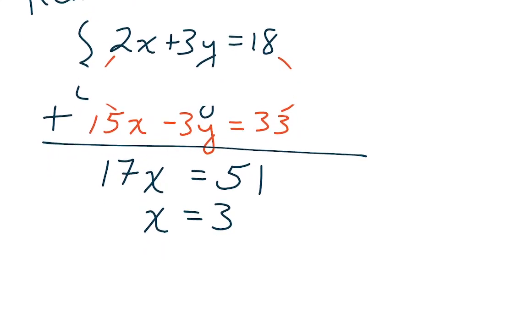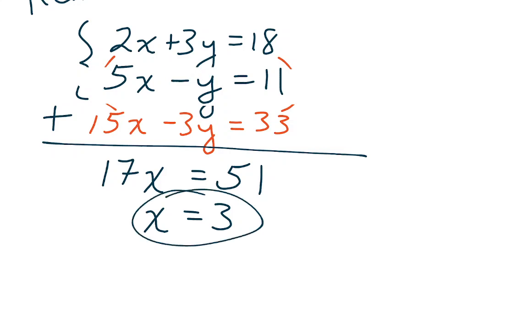Now that you know x equals 3, you can always plug that back into one of the equations. Maybe you want to plug it into the equation I just rewrote. If you plug that back in, you can solve for y. Honestly, you could plug back into this equation also. Let's plug back into the top equation.